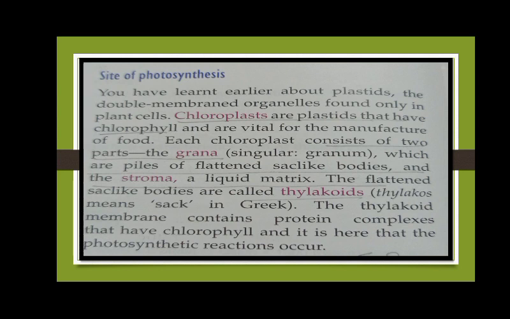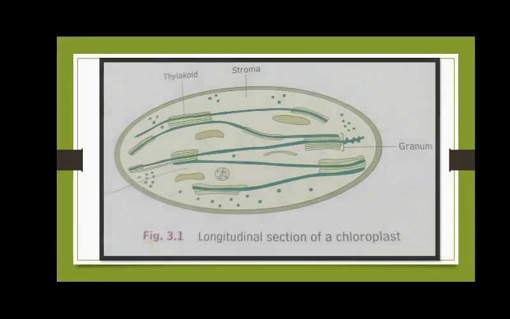Now let us see the structure of chloroplast. You see, it is a double membraned oval shaped structure, and you can see stroma means the jelly like matrix which is present all over the chloroplast, and granum are these sac like structures that are piled one upon the other, and together these are known as thylakoid.